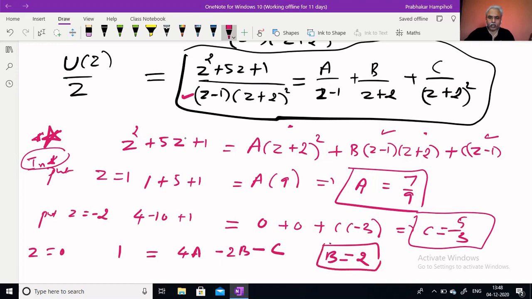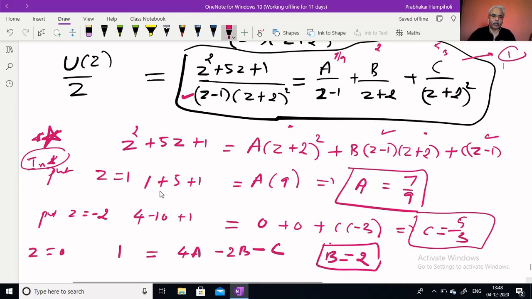Substitute A equal to 7/9, B equal to 2, C equal to 5/3 in equation 1.